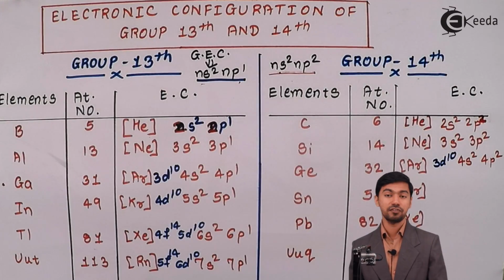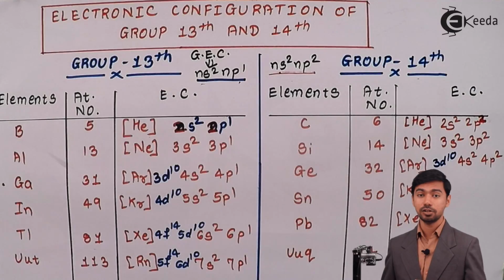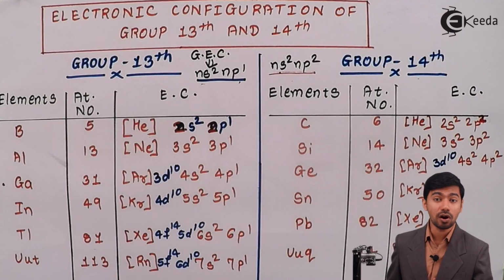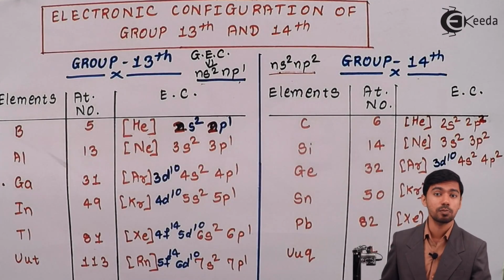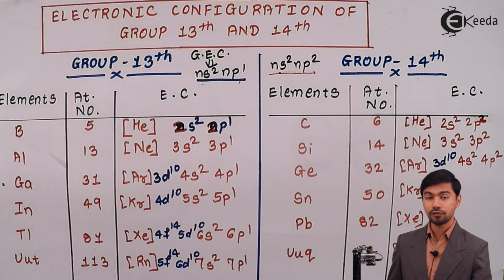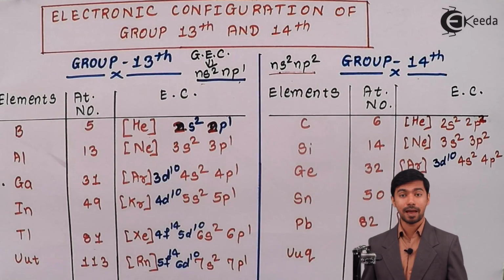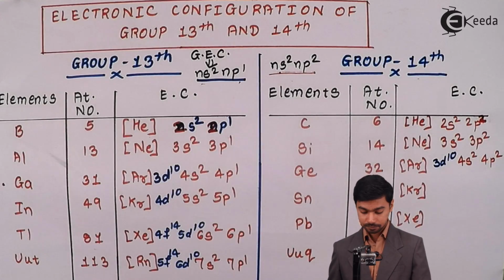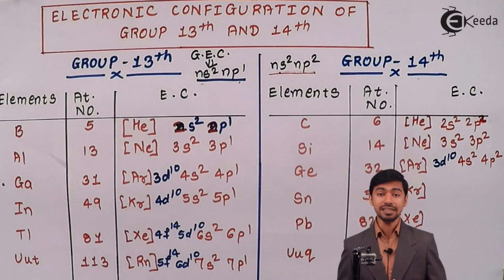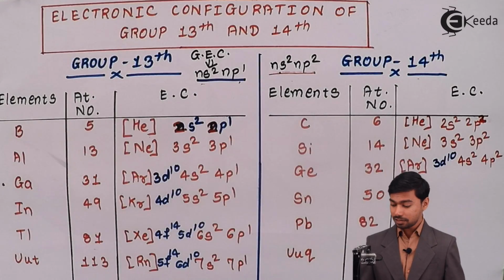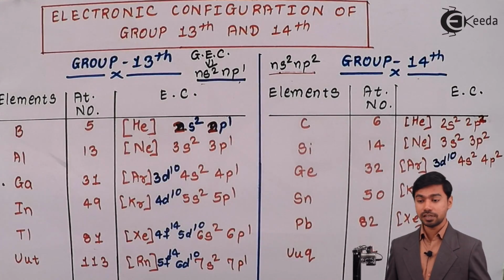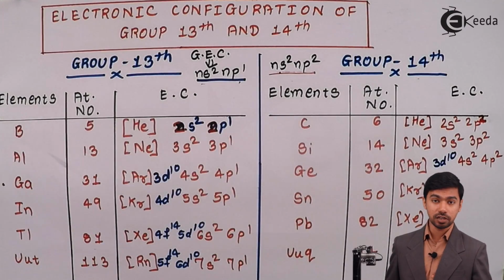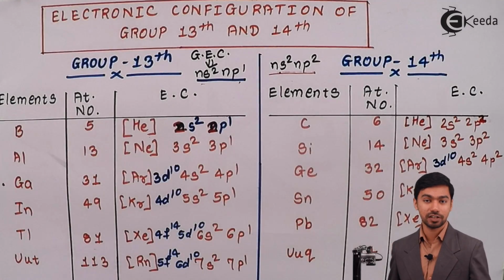That means this modification that we studied in group 13 is not restricted to group 13, but fulfils all the parameters in the case of all the groups of p-block elements. That means it is much easier for us now to write the electronic configuration of the remaining elements of group 14 just by using this modification also.